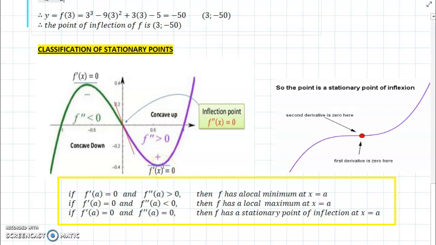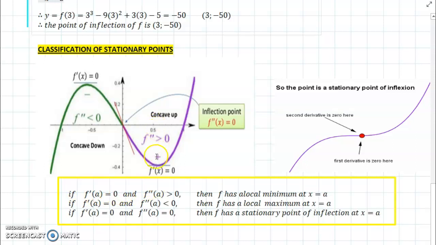Okay. So if we have a stationary point, in other words, if f dash a is equal to 0, and the second derivative is positive, then f has a local minimum at x equal to a. So note here, we're classifying stationary points. So we're looking where the first derivative is 0.